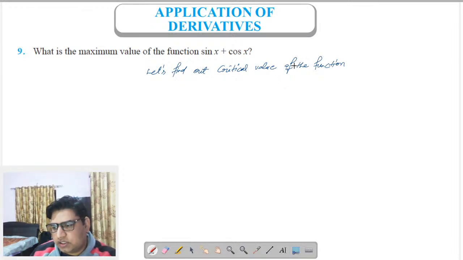Let's find out critical value of the function where f dash x is equal to 0.